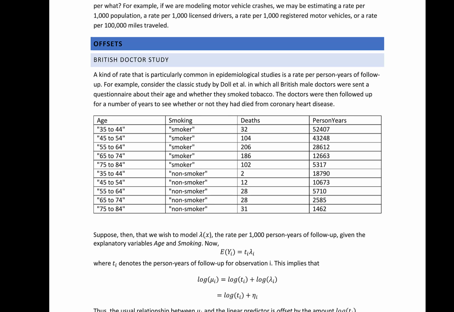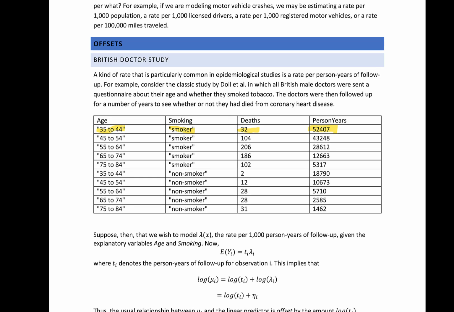Notice first we have ages in groups, we have smoking status, the number of deaths, and then we also have person years. Notice that each of these rows doesn't represent a single person. They really represent a group of people that have been combined into person years.